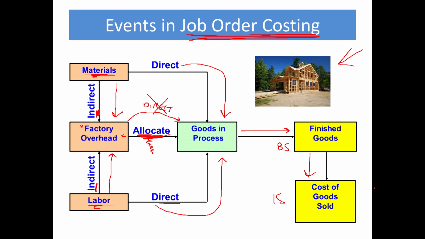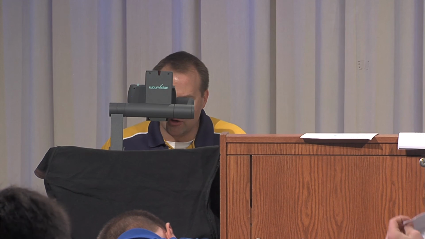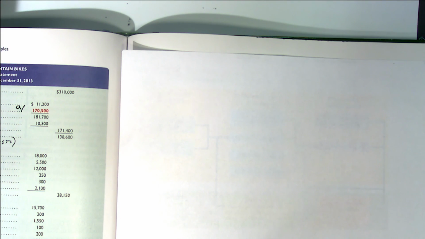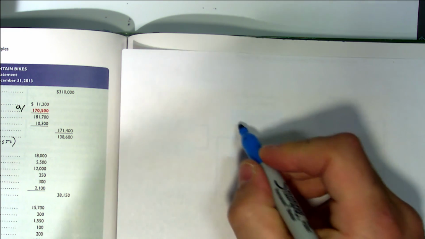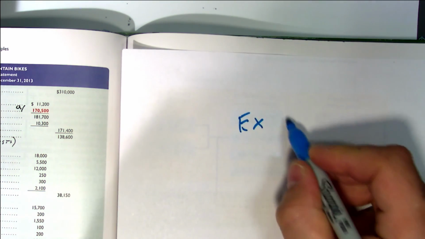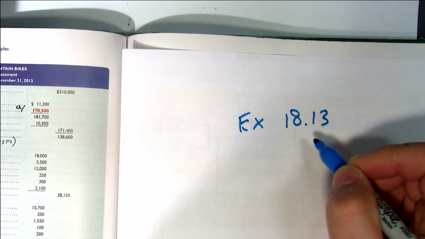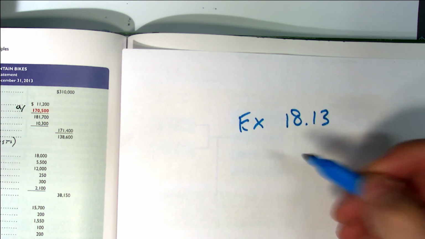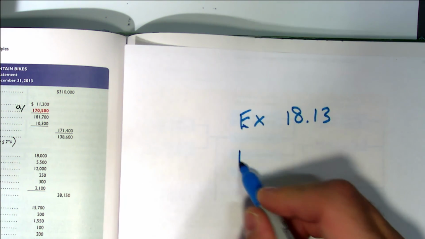Let me give you your homework that I want you to do. Remember to do all that Connect stuff, by the way. Here's what I want you to do. I want you to do exercise 18-13. And I want you to do a problem.